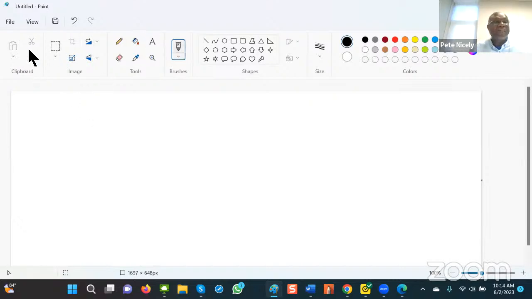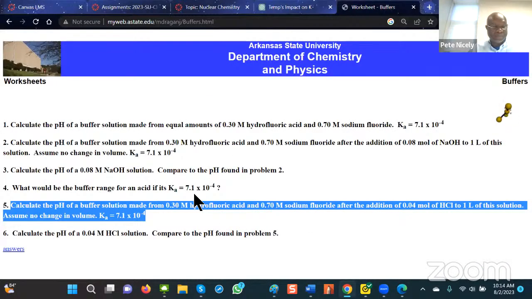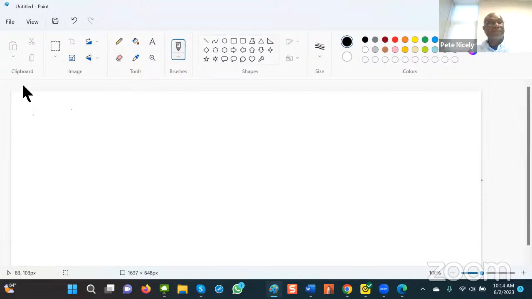Oh, shoot. How can I paste onto this here? For some reason, it's not allowing me to paste onto that. Let me see if I can paste it onto this one here.